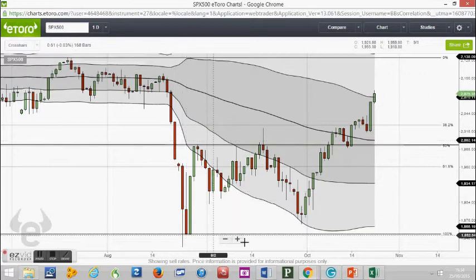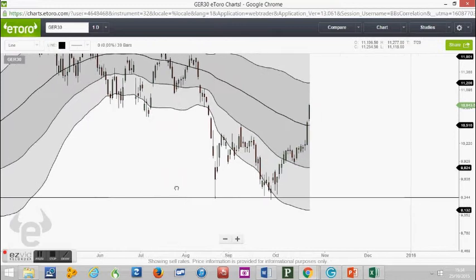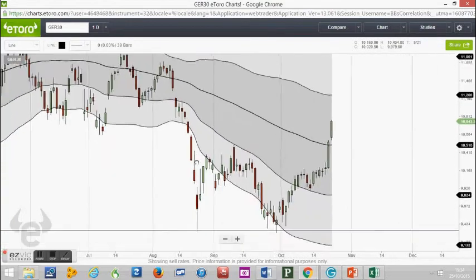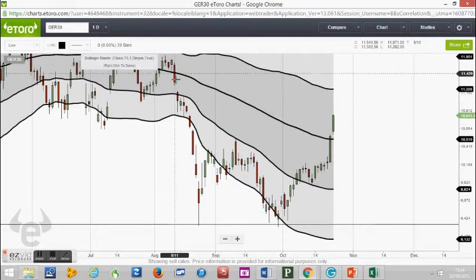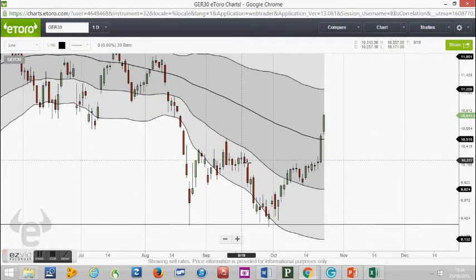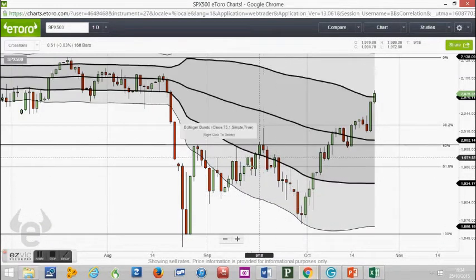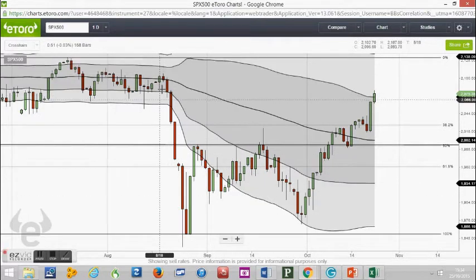This move was replicated in the GER30. If we flick that up, we can see here that it made a similar move. It broke here at the same time and it fell down and has come back up to form similar moves and came back down. If we go back to the S&P 500, you can see the same move back down here all the way along. So they correlate quite heavily.